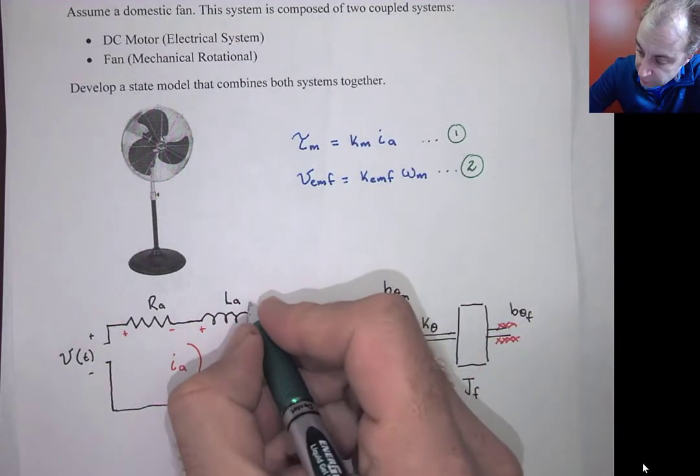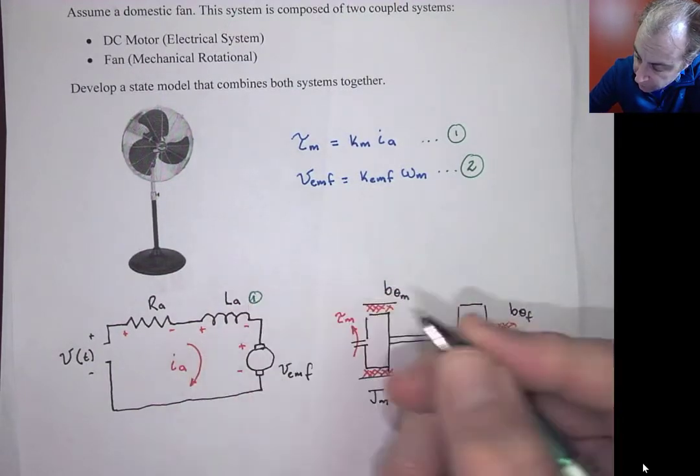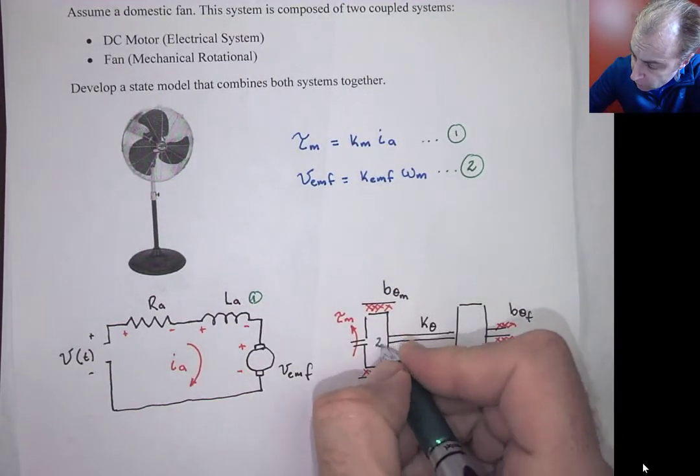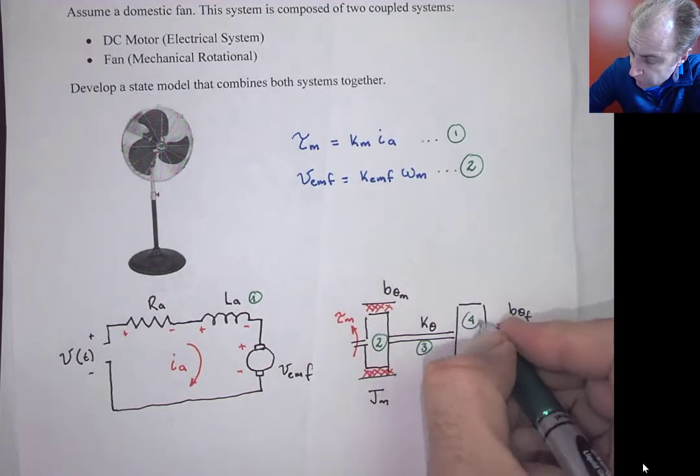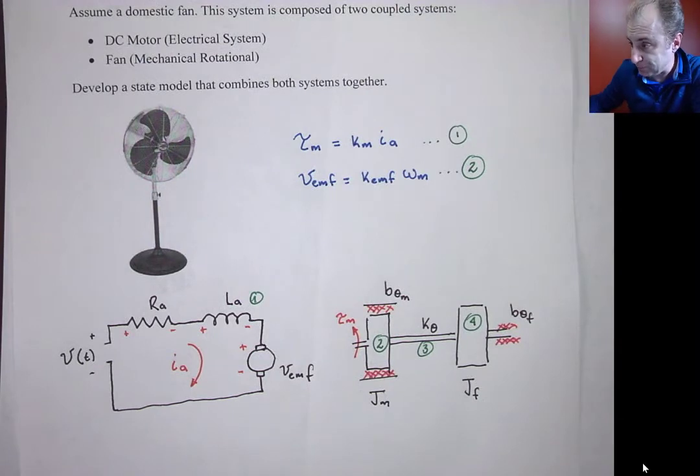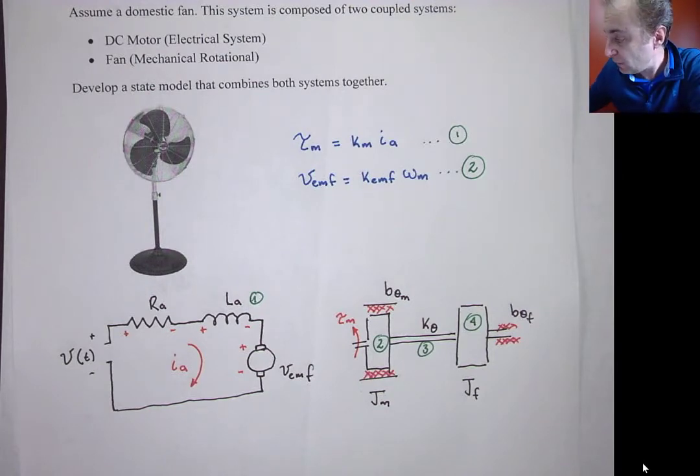So let's just label them 1, 2, 3, and 4. So these are the 4 energy storage elements. So this is a 4th order system. Eventually we're going to get an A matrix that is going to be 4 by 4.